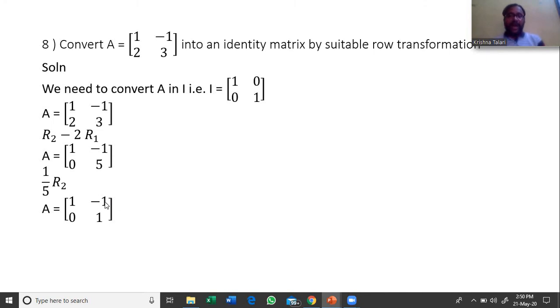So minus 1 plus 1 would be 0. That is, I'll say R1 plus R2. So 1 plus 0 would be 1. Minus 1 plus 1 would be 0. So now we have converted your A into 1, 0, 0, 1, which happens to be your identity matrix.